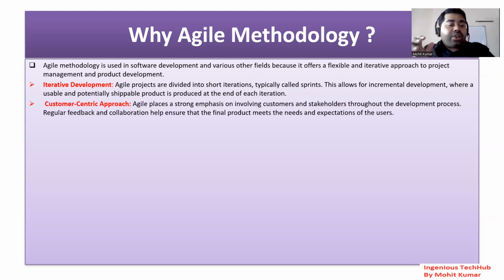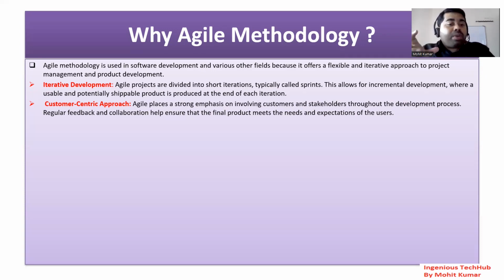Now, the customer-centric approach. Why is this customer-centric? We have the daily stand-up call or sprint meeting, and we can talk to the client if there are any changes or feedback; we can have direct interaction with the customer. Agile places strong emphasis on involving the customer and stakeholders throughout the development process. Regular feedback: we take feedback from the customer on the work we have done.